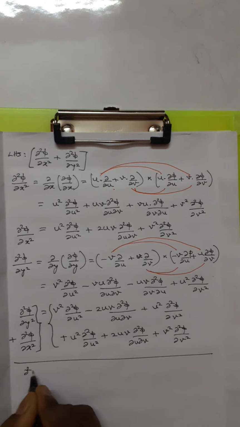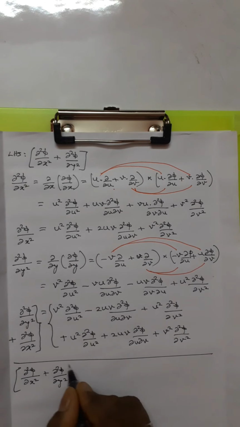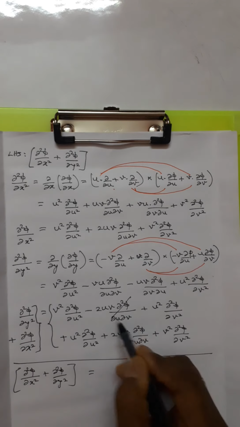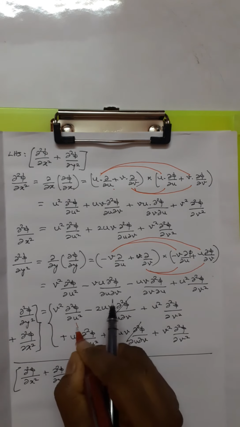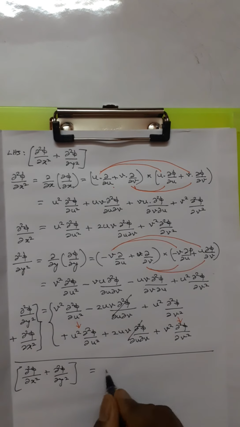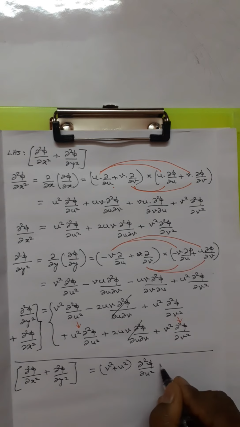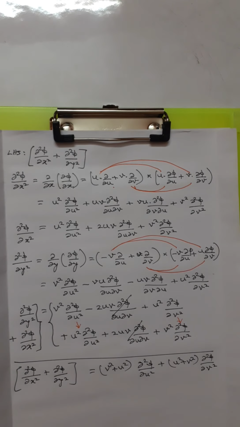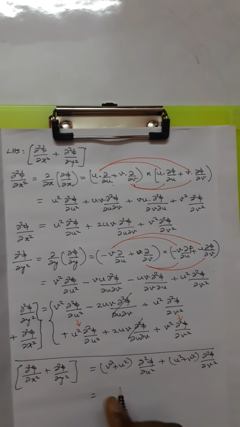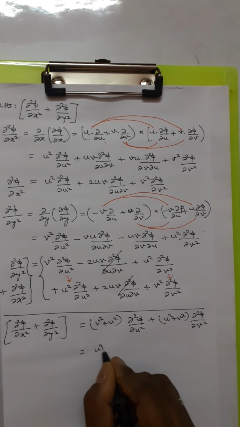So this becomes dou square phi by dou x square plus dou square phi by dou y square, right, which is equal to, these two terms are cancelled, this and this, these two terms are cancelled, and combining these two together, we combine this also, we combine this also. v square plus u square dou square phi by dou u square plus u square plus v square dou square phi by dou v square, right, which is nothing but these two terms are the same. This term and this term, in both of them this term is the same. So taking it outside, u square plus v square.